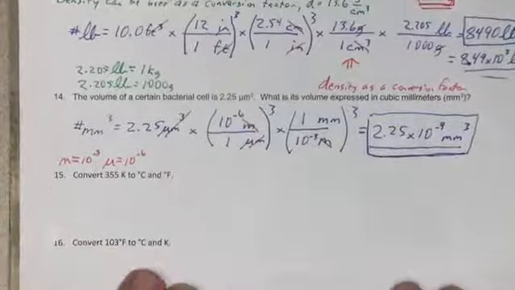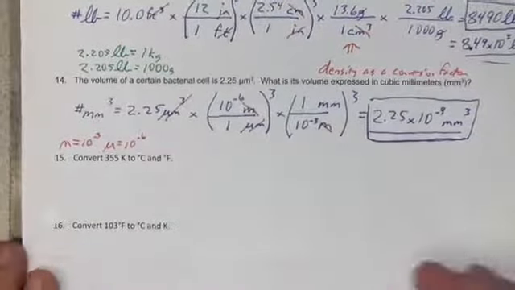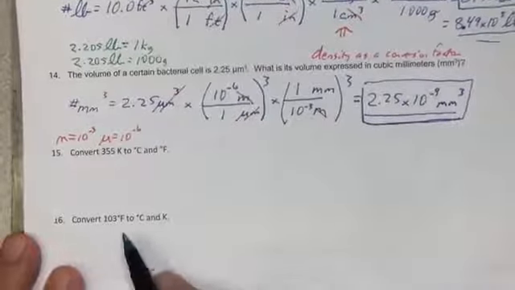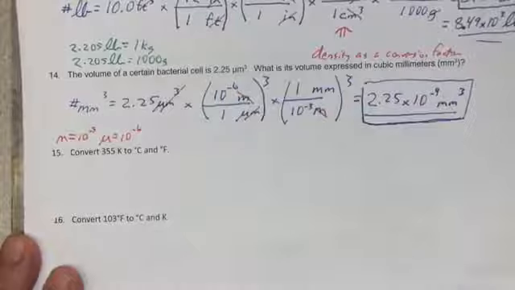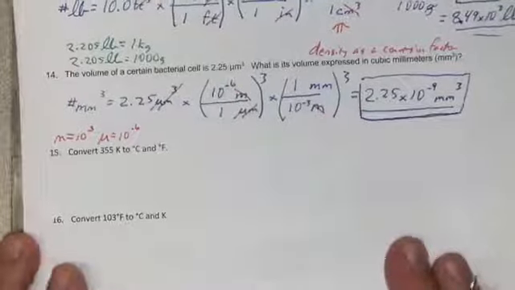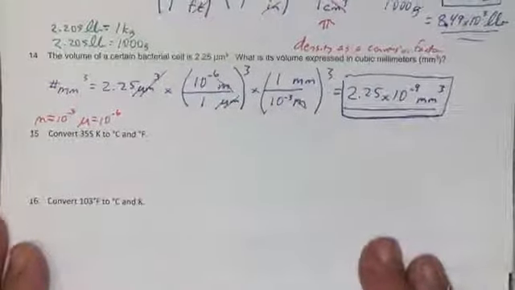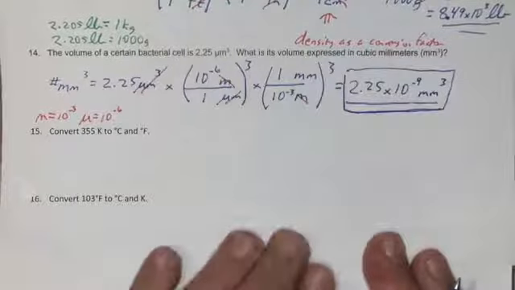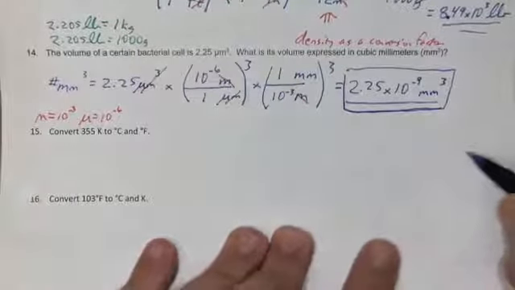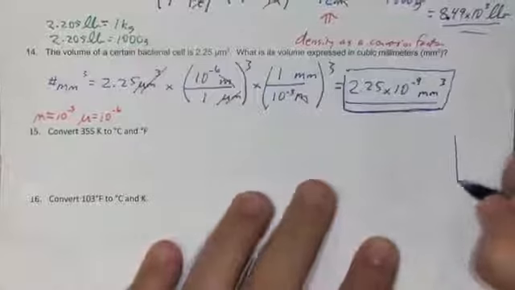Okay, and the last 2 questions ask us to convert from Kelvin to degree C to Fahrenheit, and from Fahrenheit to Celsius and to Kelvin. So you have to know how to do this. Now, just a short reminder of how you can remember this and always keep this straight. You can easily remember this by thinking of the temperature scale.